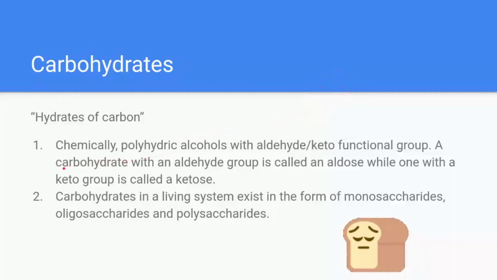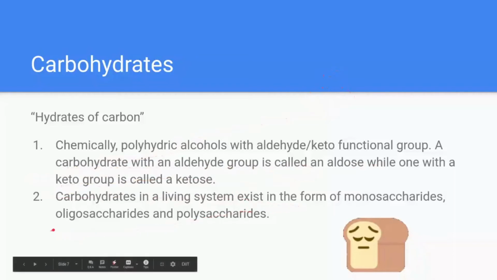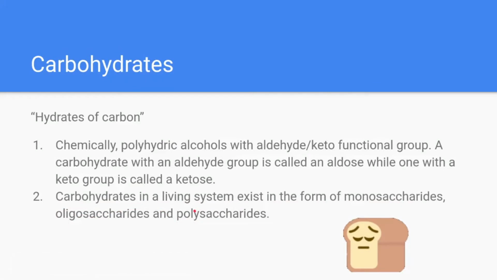So basically, a carbohydrate with the aldehyde group is called an aldose, while one with the keto group is called a ketose. Carbohydrates in a living system exist in the form of monosaccharides, oligosaccharides, and polysaccharides. So monosaccharide is one unit, oligo is a few units, and poly is a lot of units.